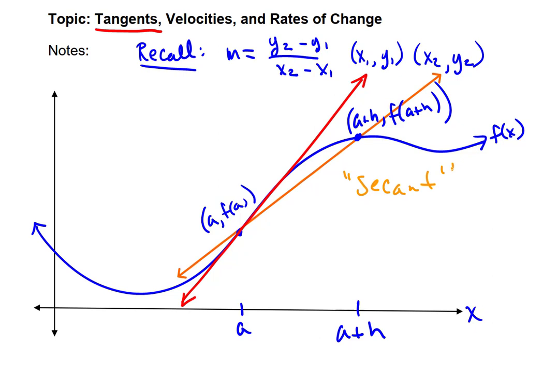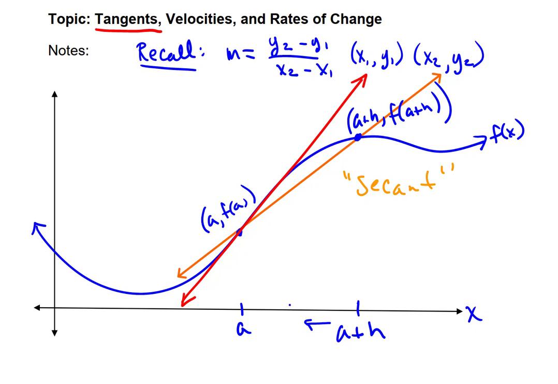And you can see how these are both showing up in the same picture, but clearly they're not the same line. So the question becomes, well, how could I make the secant line look more like the tangent line? Well, one way I could do that would be taking the second place I picked on the x-axis, the a plus h place, and moving it closer toward the original a value.